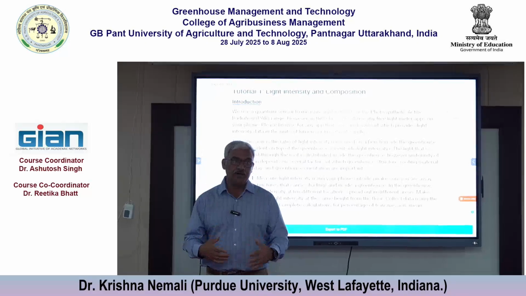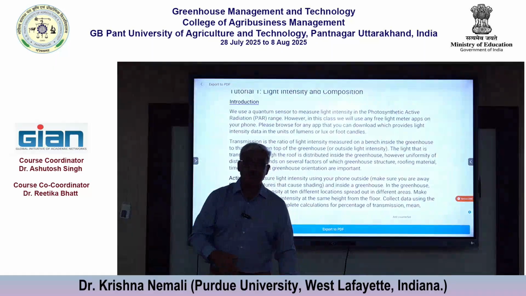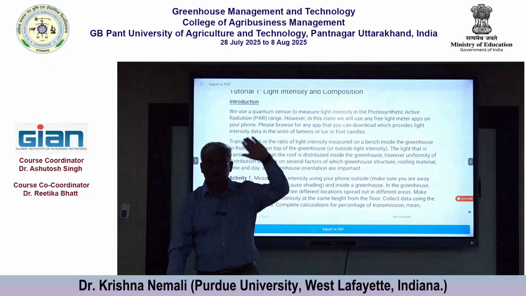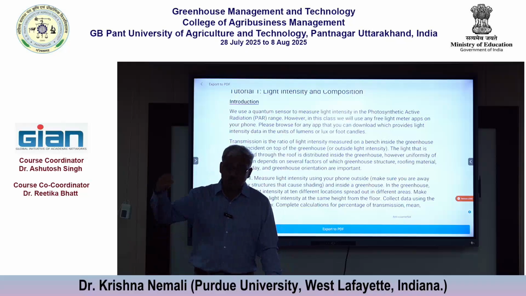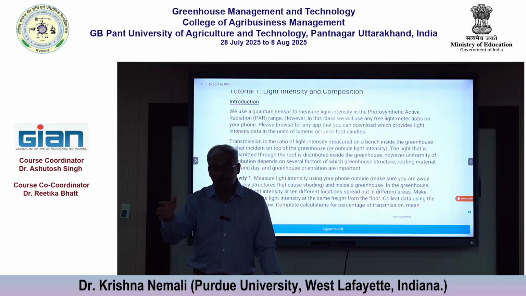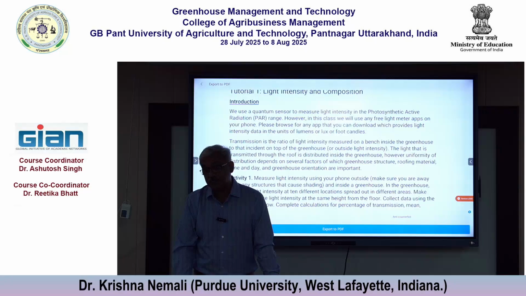But what is important to know is not all of that light gets into the greenhouse. Some of the light is reflected back, and some of the light is diffused out to different sections of the greenhouse. So a critical thing about greenhouse is to maximize light transmission, right? The glazing material, polyethylene or glass or polycarbonate, whatever you use, that material should allow most of the light to get inside, so plants can use it.